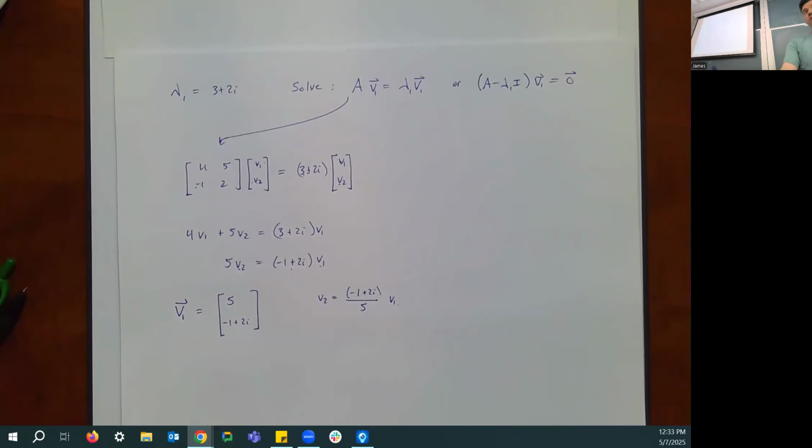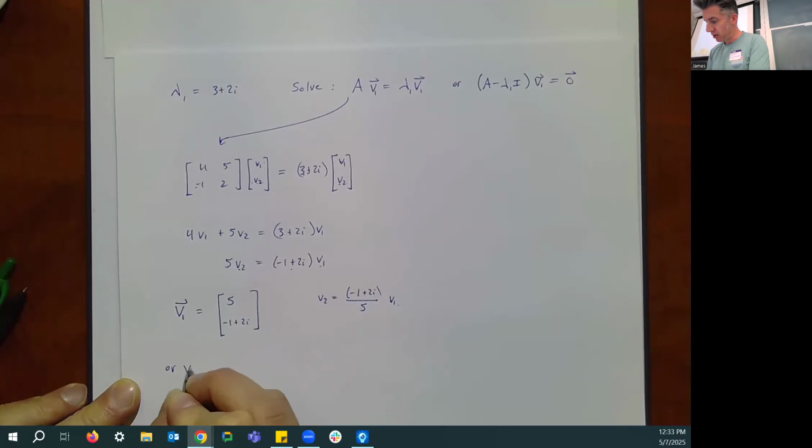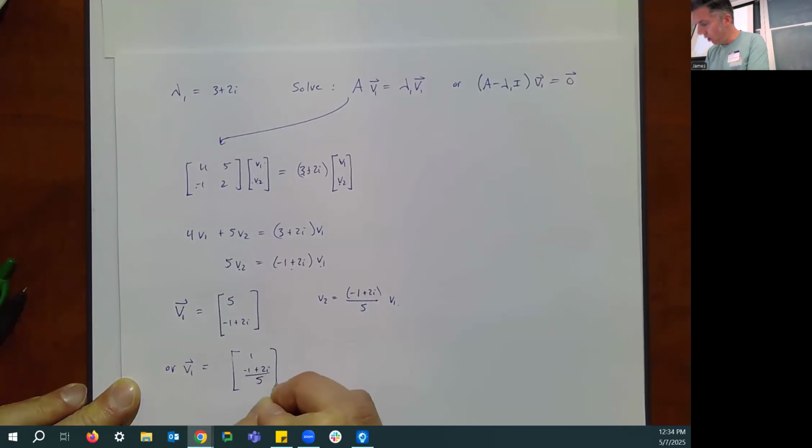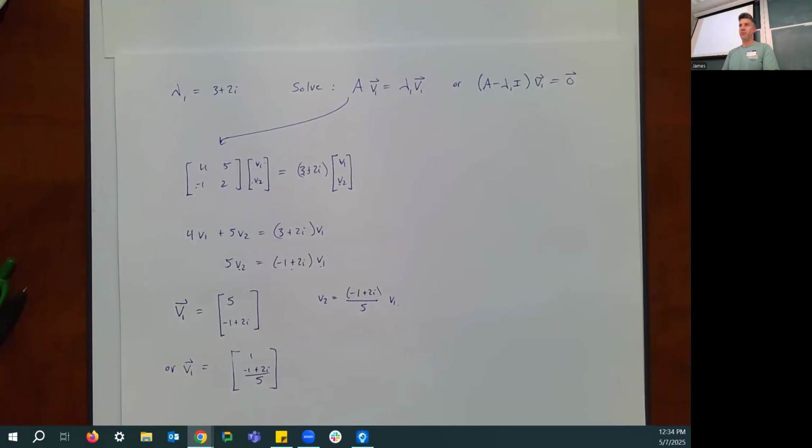I'll remind you, any multiple of an eigenvector is also an eigenvector, except for 0. So if I pick this and you pick this, we're both right. These are both eigenvectors associated with that eigenvalue.